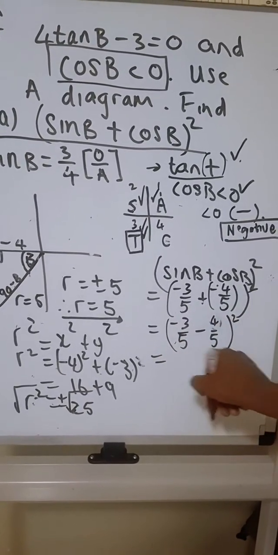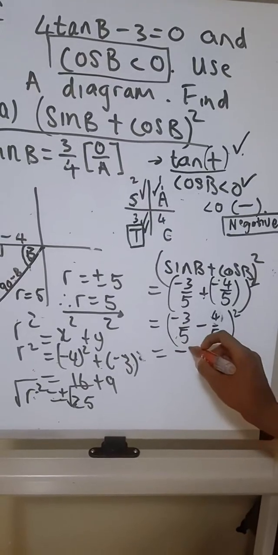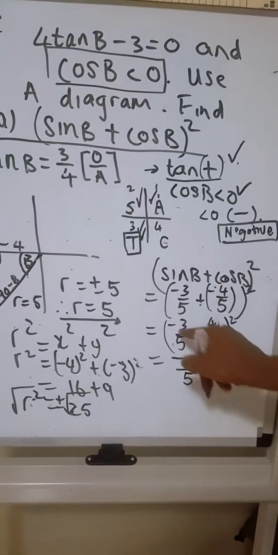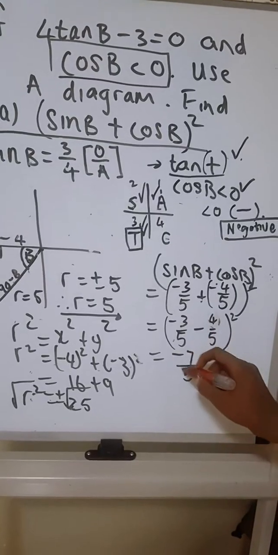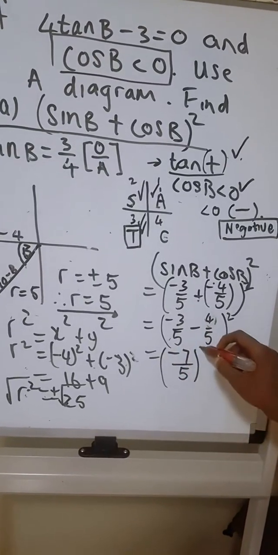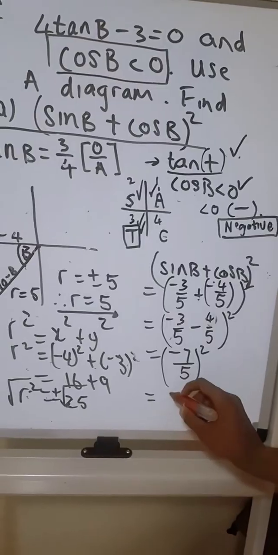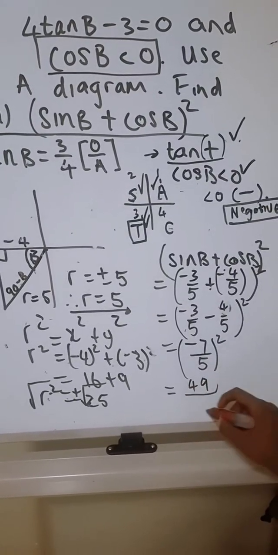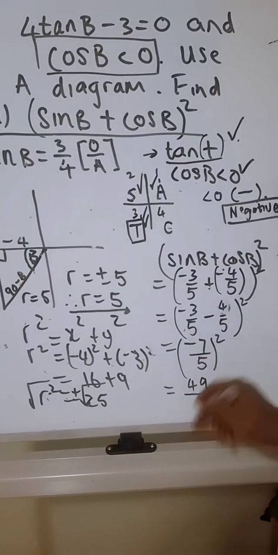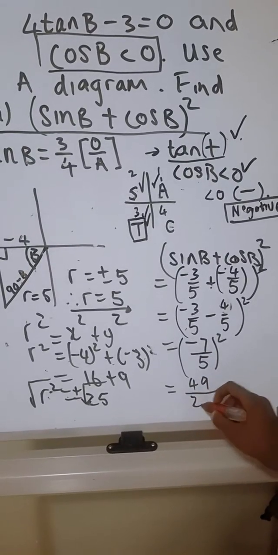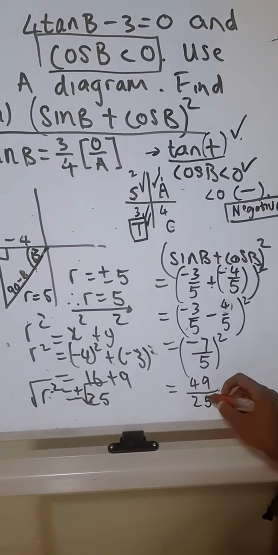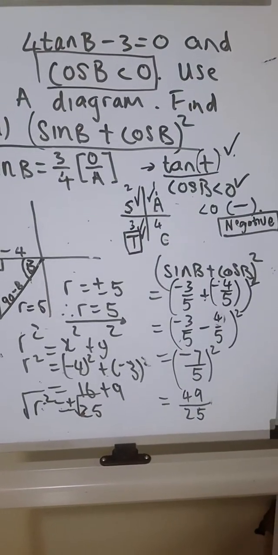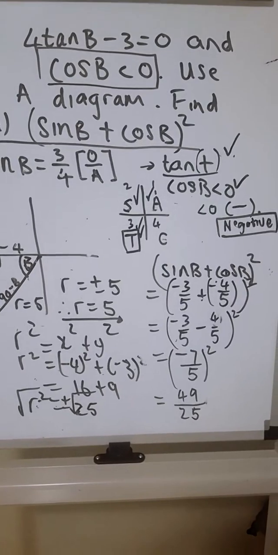Inside, the denominators are already the same, so I can just keep the denominator and add the numerators. -3 minus 4 is -7. But then remember, I have to square it. So my answer is 49, because if you square 7, you get 49. The negative also gets squared, it becomes positive. You square 5, you get 25. So our answer is 49/25.